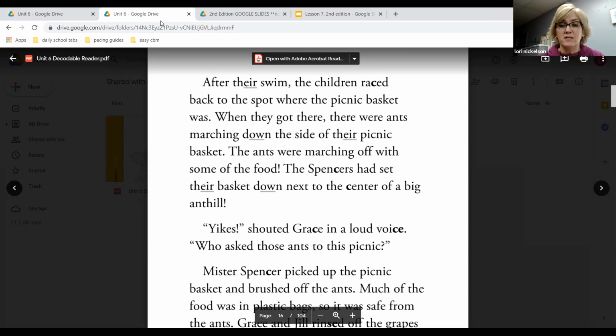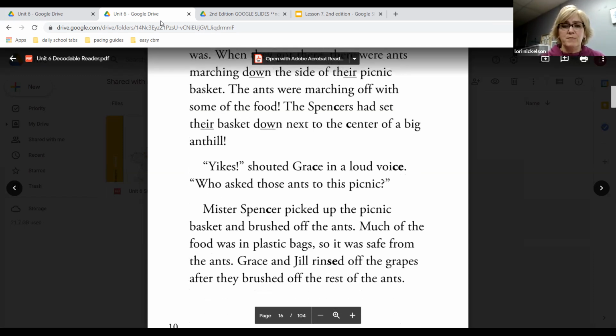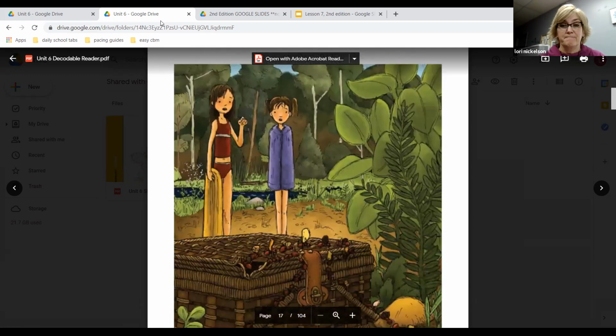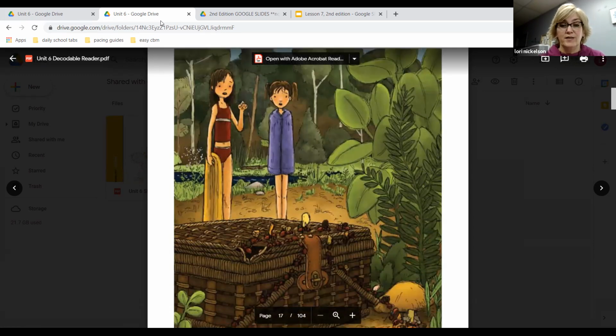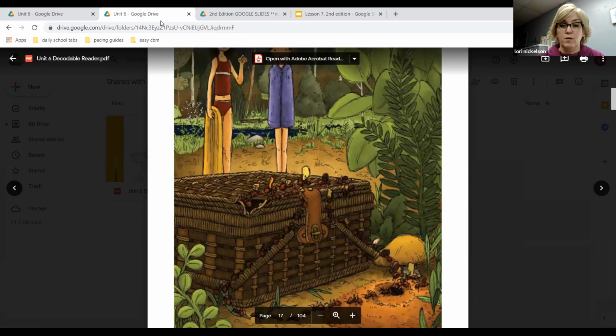"Who asked those ants to this picnic?" Mr. Spencer picked up the picnic basket, brushed off the ants. Much of the food was in plastic bags, so it was safe from the ants. Grace and Jill rinsed off the grapes after they brushed off the rest of the ants. And there's Grace and Jill, and look at the ants carrying food off.